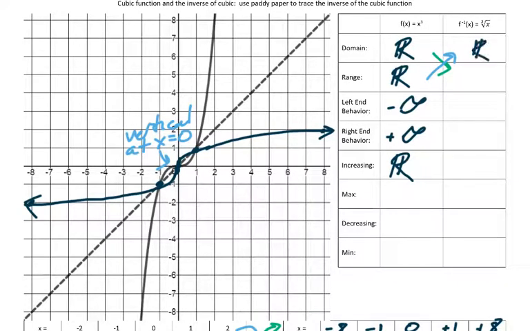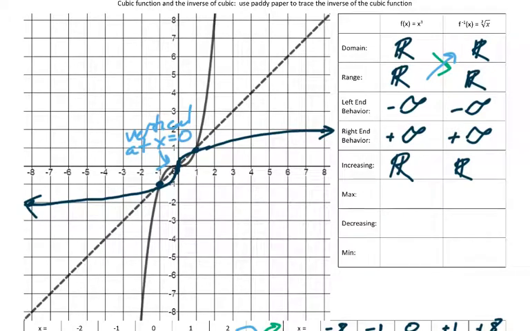So the range becomes the domain of all reals, and the domain becomes the range of all reals. They just happen to be the same. And then notice the end behaviors are also the same, which is kind of unusual. It's sort of the nature of it. And it is also increasing for all reals without a max, decreasing, or a min. So that's what a cube root function looks like.